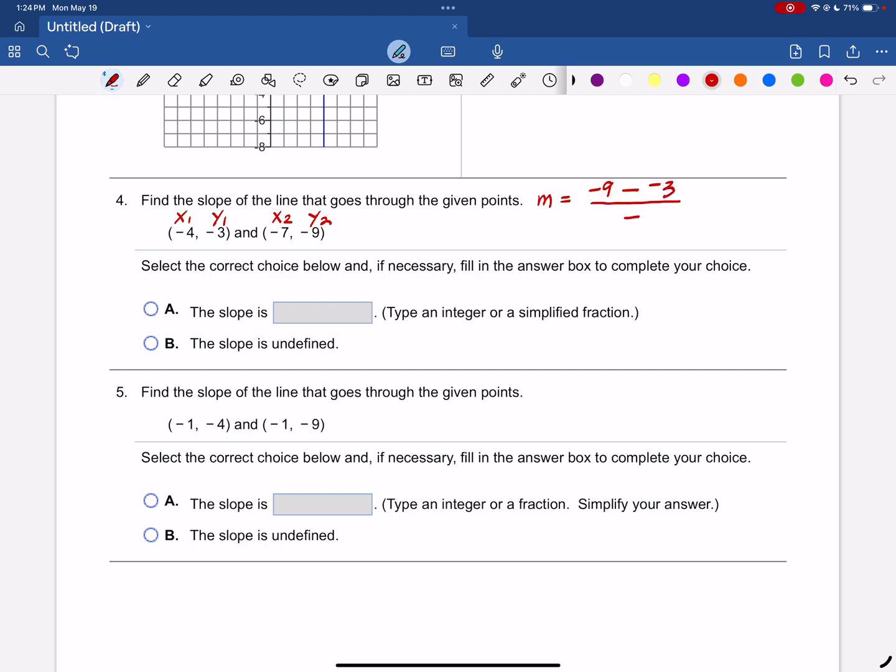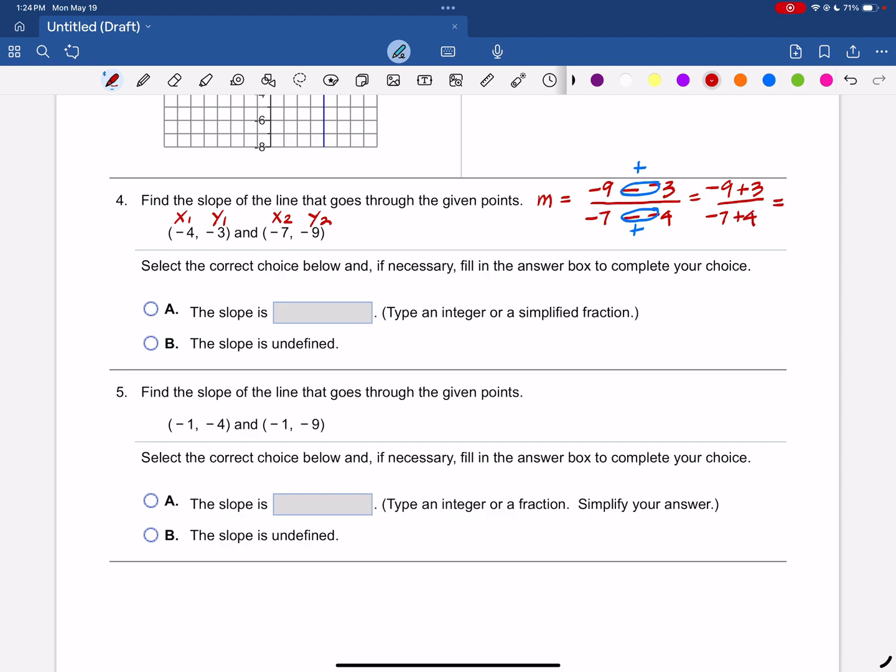So it's important that I know I'll have a subtract in the middle there. My denominator is my x2 minus x1, so that's a negative 7, subtract a negative 4. Now, whenever you have subtract a negative or a double negative, those are going to be positives. So I have negative 9 plus 3 over negative 7 plus 4.